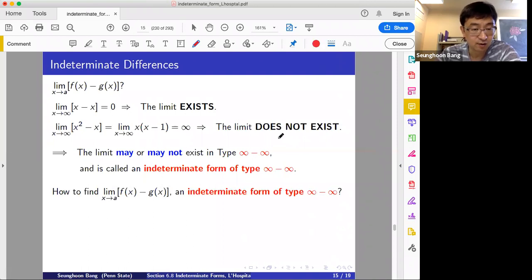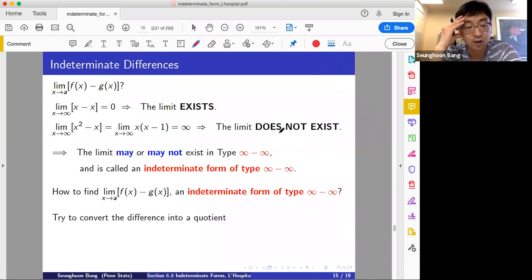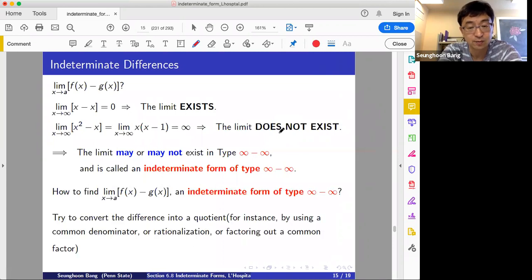How to find the limit of f of x minus g of x as x approaches a, an indeterminate form of type infinity minus infinity. The idea is the next one. Try to convert the difference into a quotient, for instance, by using a common denominator or rationalization or factoring out a common factor.